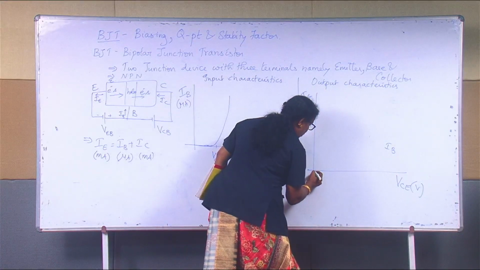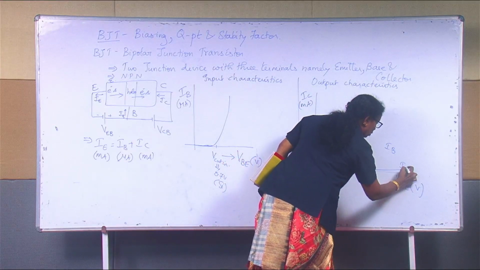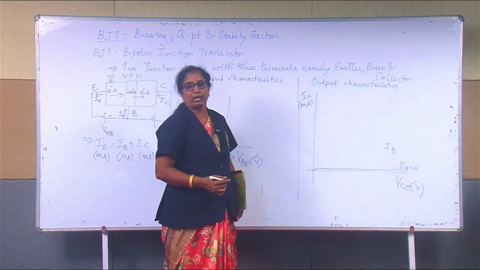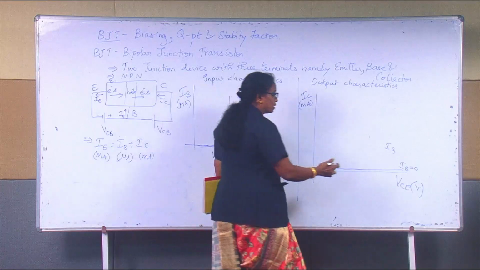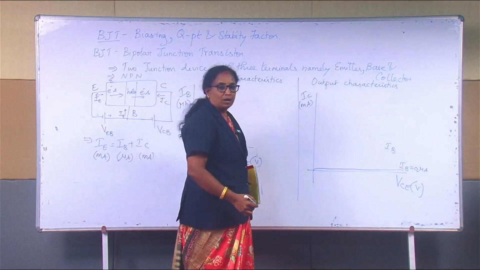So if you observe, for IB equal to 0, which means without any input given to the base and emitter junction, my base current will be 0 microamperes.